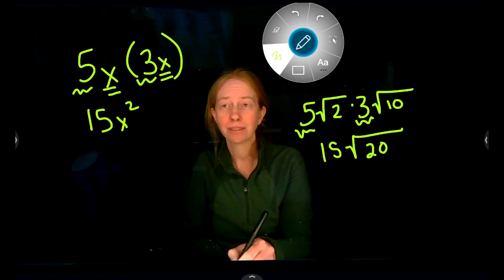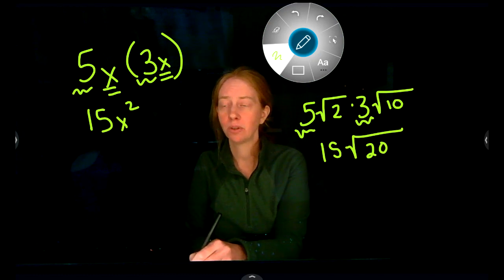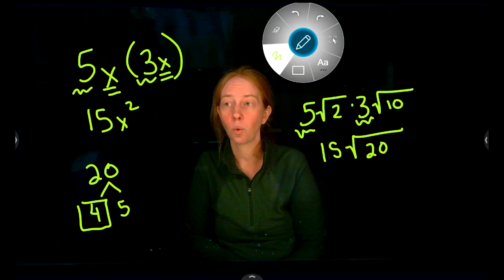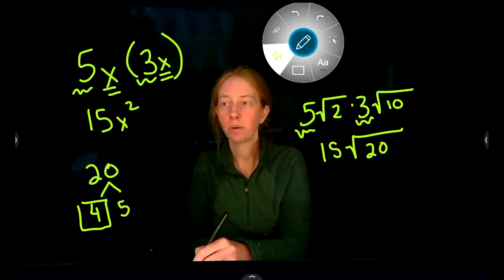And now we do have to simplify. So we have that square root of 20. We want to find what its factors are, which is 4 and 5. 4 is a perfect square. Okay, so we would say that the square root of 20 is 2 times the square root of 5.